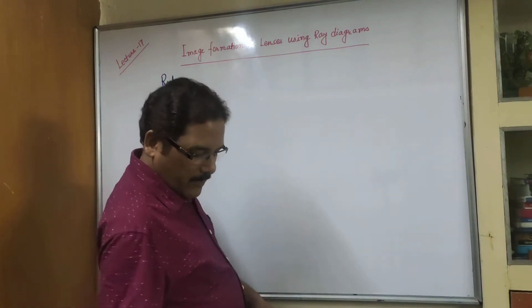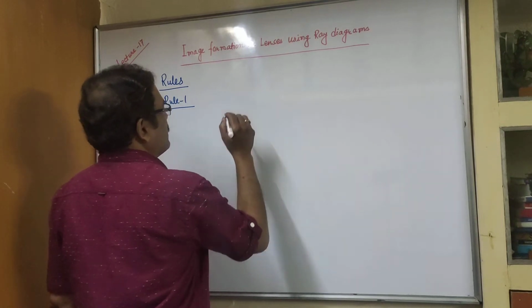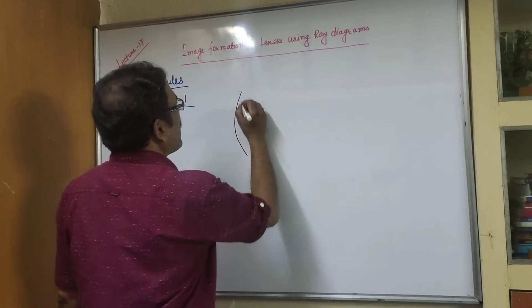Now it is important to represent rule 1 with the ray diagrams. We are representing rule 1 with ray diagram.